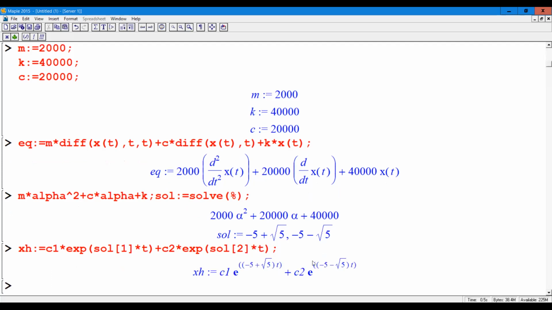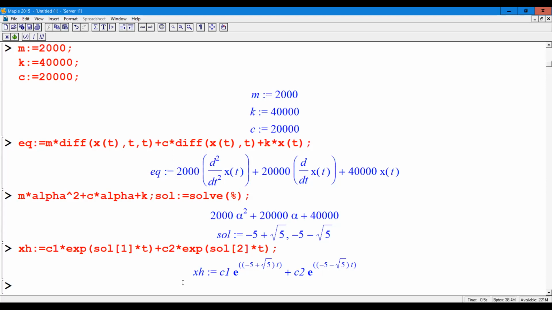So here you can see this is the homogeneous response, C1 times exponential of the first root, alpha 1. Alpha 1 in fact is the first component in this solution here. So the homogeneous response is equal to C1 exponential alpha 1 t plus C2 exponential alpha 2 t. Alpha 1 is minus 5 plus the square root of 5, and alpha 2 is minus 5 minus the square root of 5. So now we need to use the initial conditions.